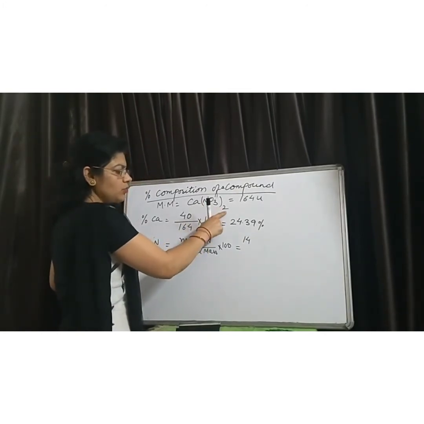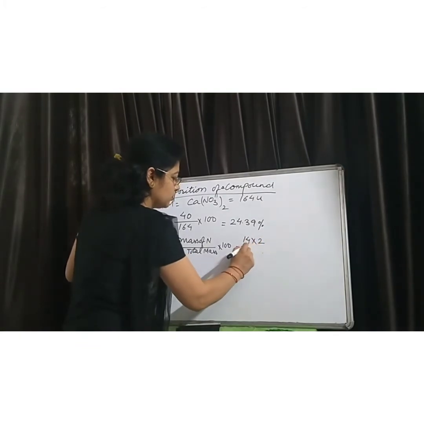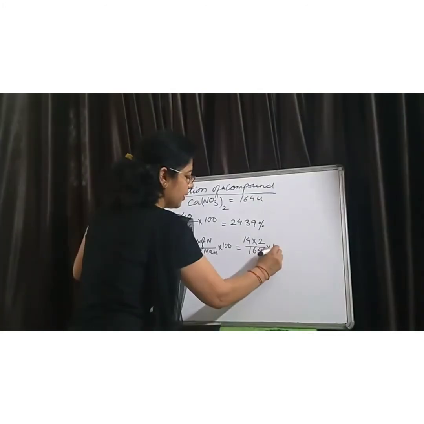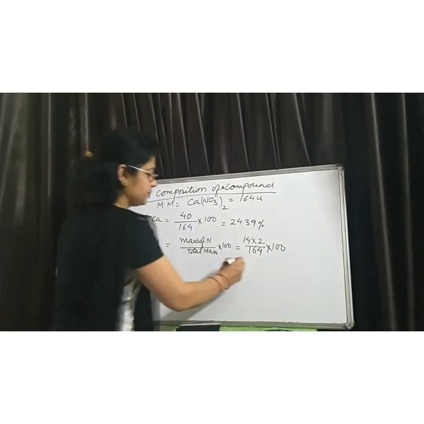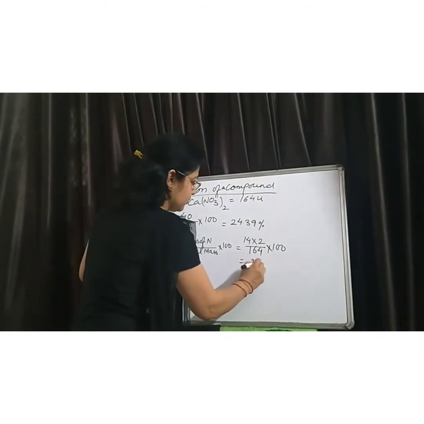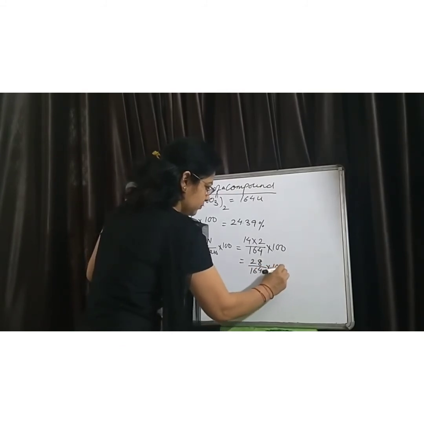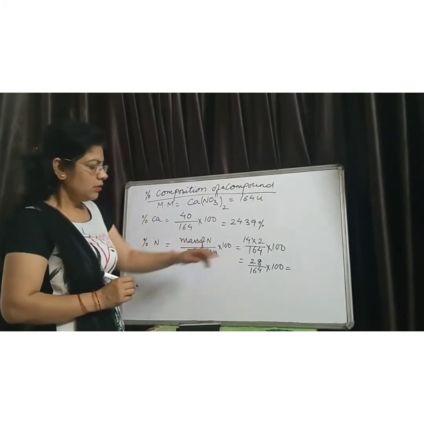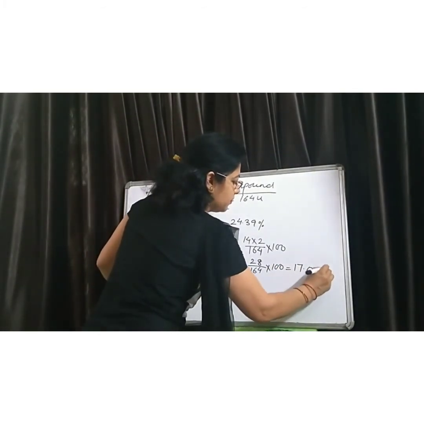As 2 nitrogen atoms are present, multiply it by 2, divided by total mass, that is 164, multiplied by 100. When you solve this, it comes out to be 17.07%.